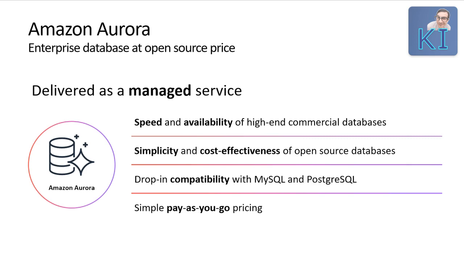Open source databases do not carry a very high license cost, and that's why they are cheaper. But when big enterprises want to select a database for their organization, they end up going to commercial databases like Oracle, SQL Server, etc. But these databases have a very high license cost, and that makes the overall spending on database really high.